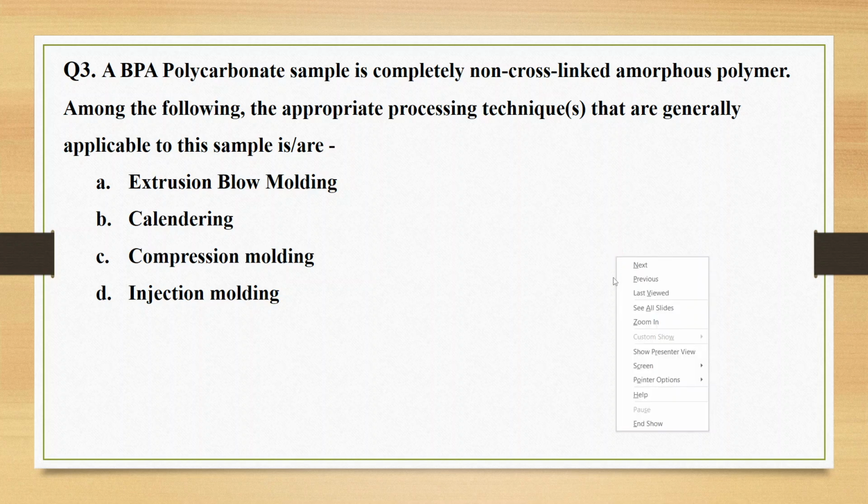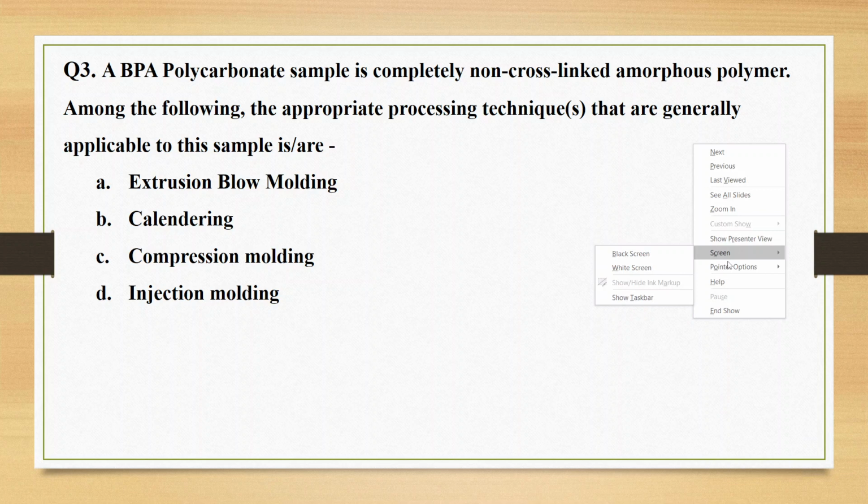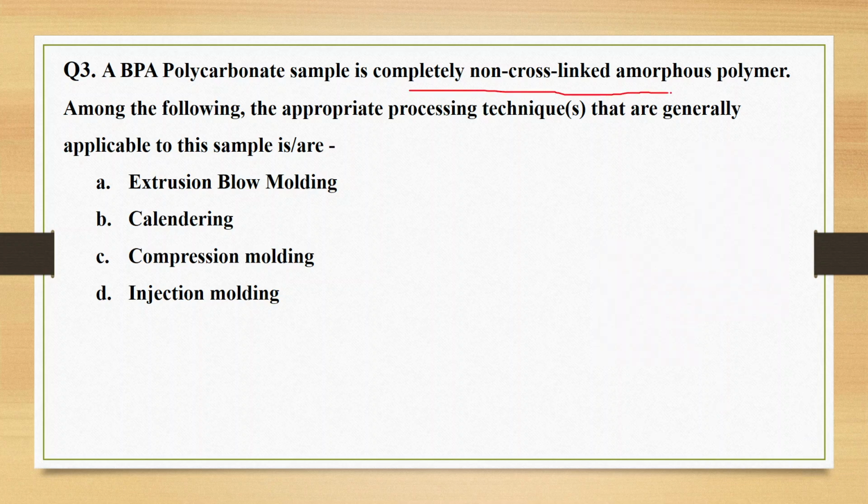The important point here is that it is a non-cross-linked amorphous polymer. So while giving your answer, keep that in mind. In case of an amorphous polymer, what kind of techniques can we choose? You have to answer that.